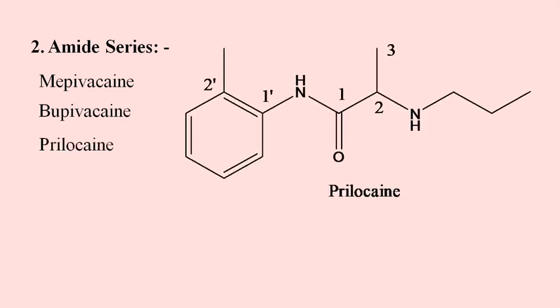Next we have prilocaine. Its IUPAC name is N-(2-methylphenyl), at position number 2 there is a methyl group, and here at position 2, propylamino. This is methyl, ethyl, propyl: 2-propylaminopropanamide.